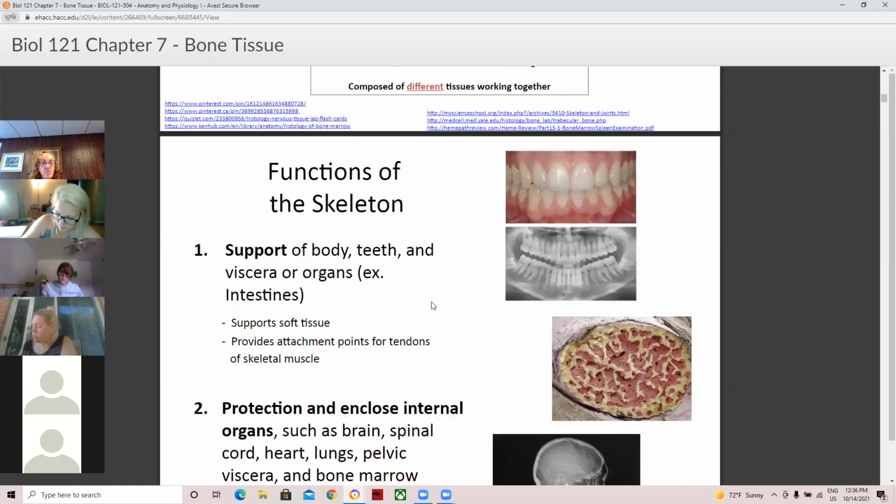Some different functions of the skeleton: the skeleton is there to support the body, teeth, viscera, or organs. It supports soft tissue and provides attachment points for tendons of skeletal muscle.